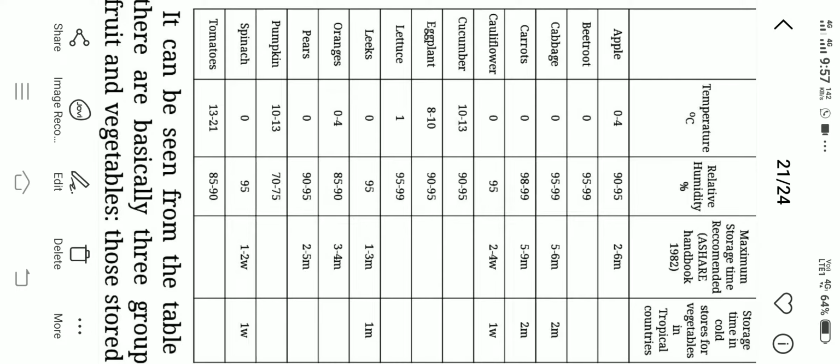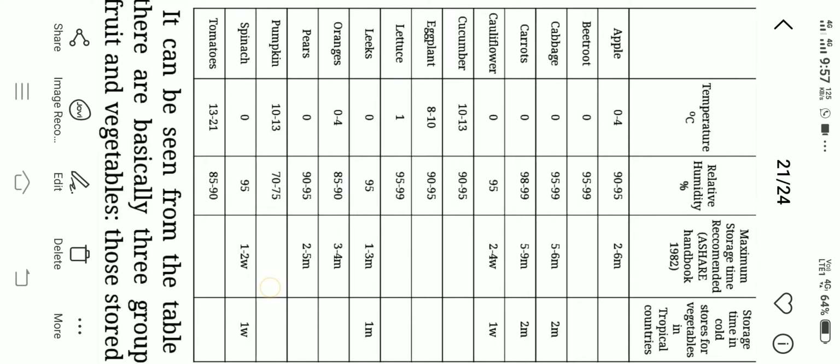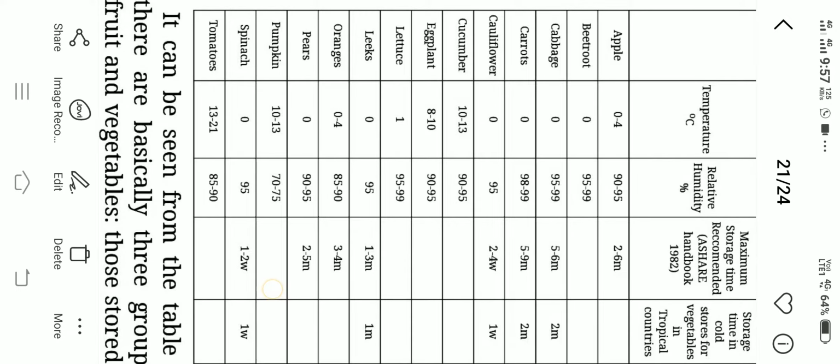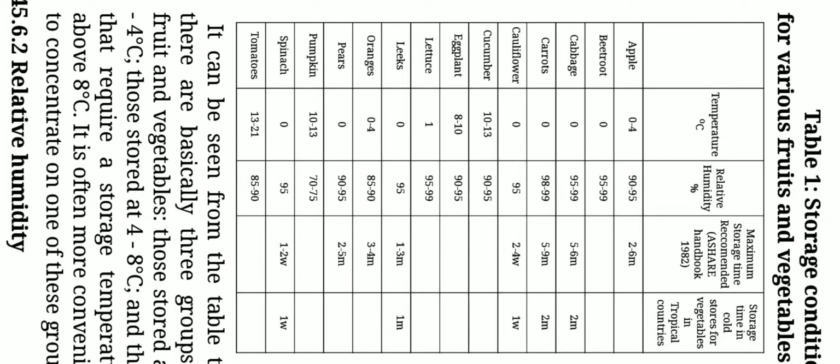If cabbage is grown in a tropical country, it will have only 2 months of extended shelf life with cold store, but in cold countries the cabbage can have an extended shelf life of 5 to 6 months in the cold store. So you can see and note down the table.